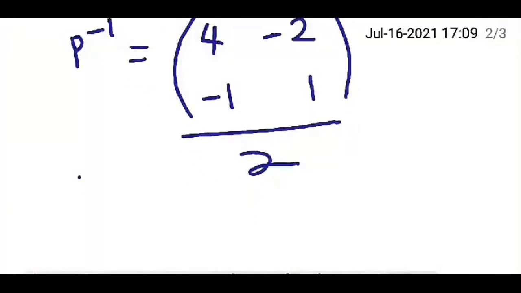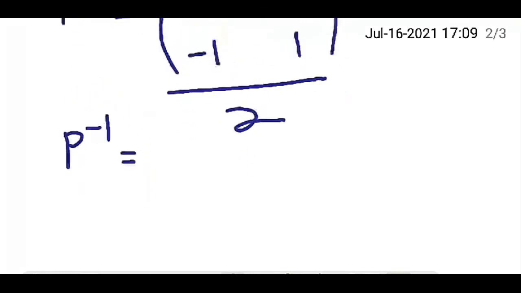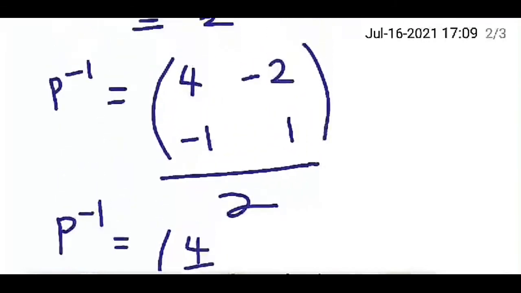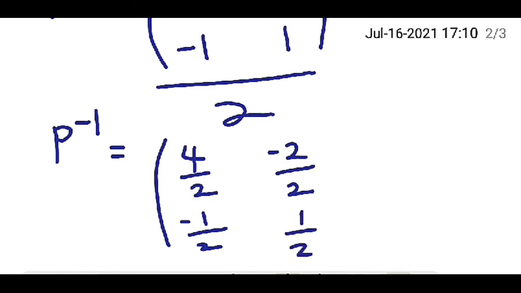This will give you P inverse equals 4 over 2, negative 2 over 2, negative 1 over 2, and then 1 over 2.